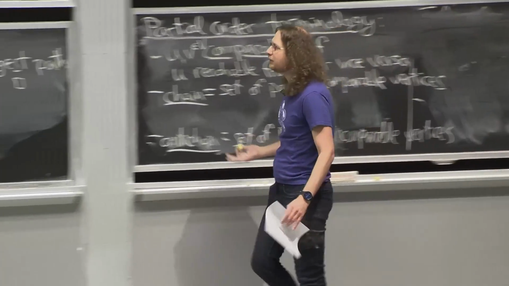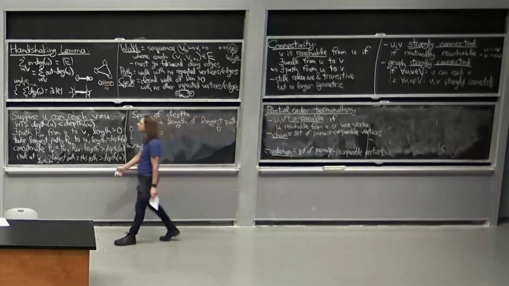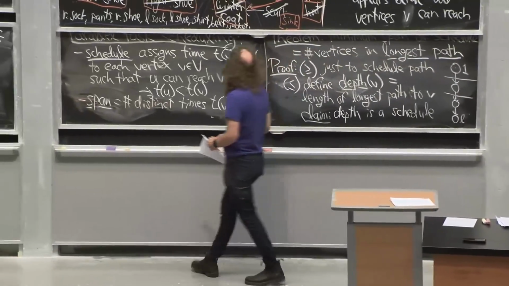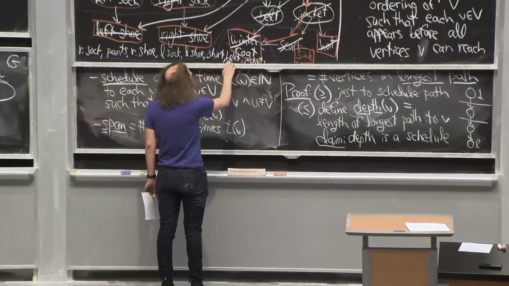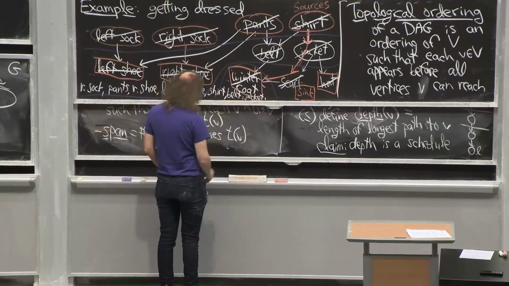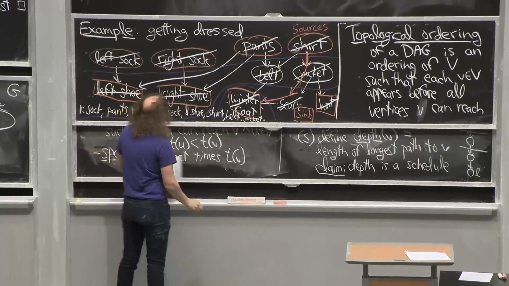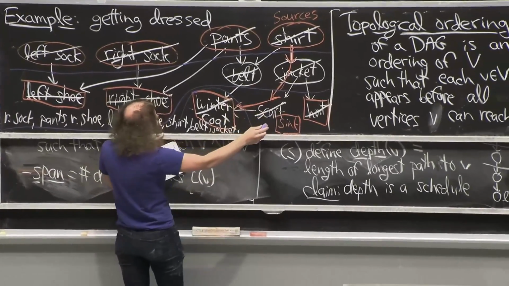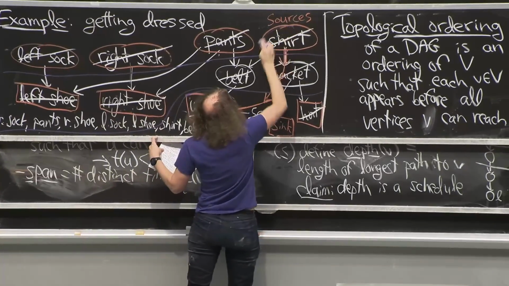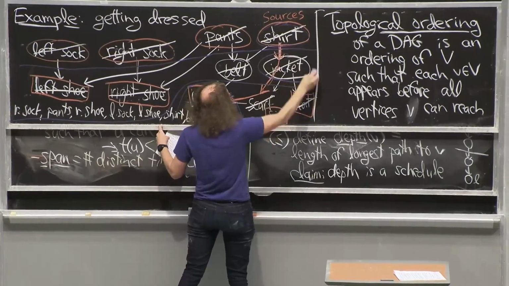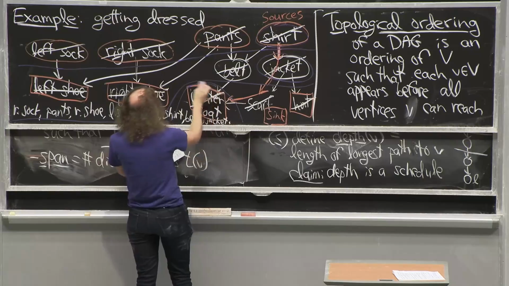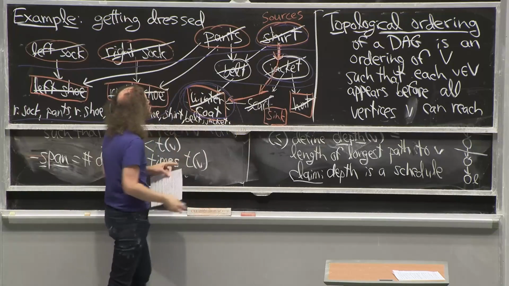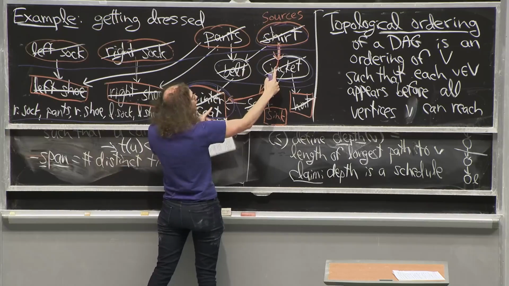Okay, so we're thinking about sets of vertices, subsets of the whole graph, that are either all mutually related, like they have a defined sequence for them, or not. So for example, if I take shirt and jacket and winter coat, these are three vertices, and I claim they form a chain because these two are related, these two are related, these two are related.